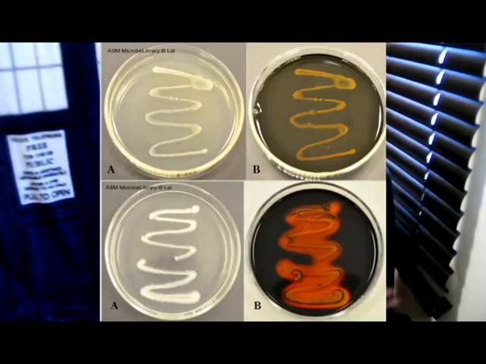And then you had your starch hydrolysis plate, which is this one, where you streaked it, and then you incubated it, and the test itself came from adding iodine solution to the plate afterwards.